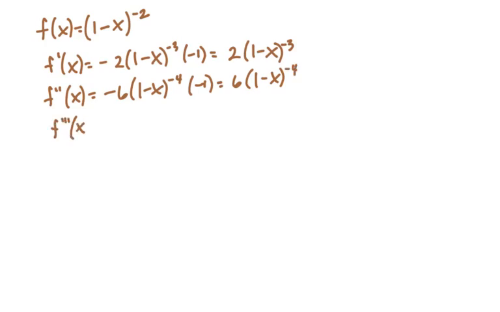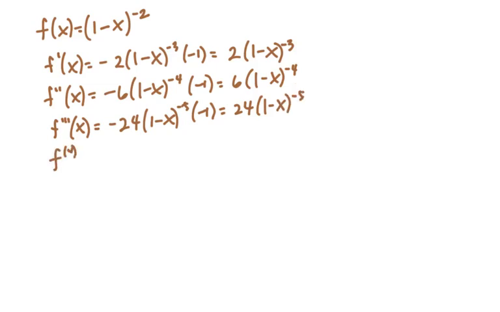And our third derivative is 6 times negative 4 is negative 24, 1 minus x to the negative 5 times negative 1, which makes 24 times 1 minus x to the minus 5. For the sake of time, I'm going to skip the first parentheses and say negative 5 times 24 is negative 120, and have 1 minus x to the minus 6, and this becomes a plus.